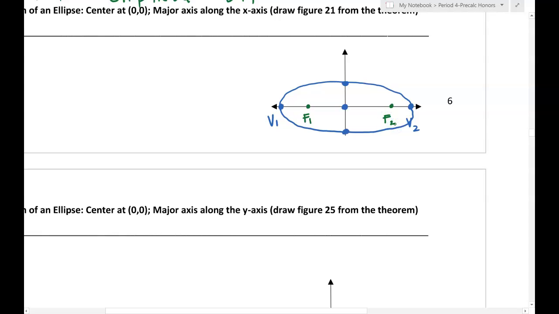Then the distance from the center to one of the foci is going to be called letter C. So here is C. The distance from the center to the minor axis is called B. Then the distance, if we were to make this triangle, just like that, this is a right triangle. Since the major and minor axis are perpendicular, this is now called A.